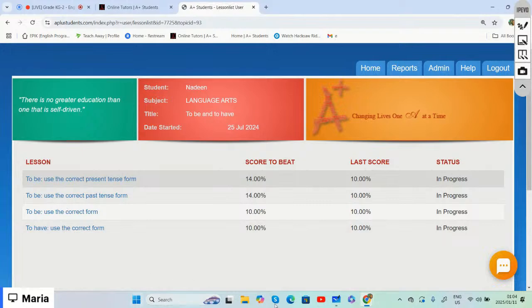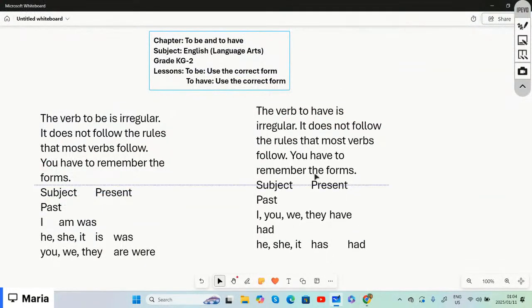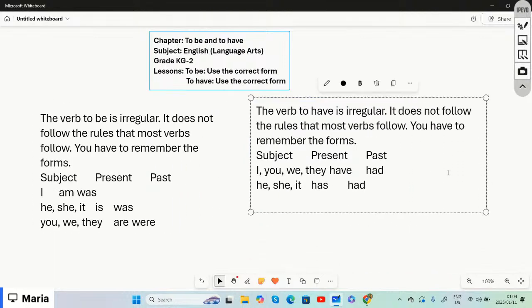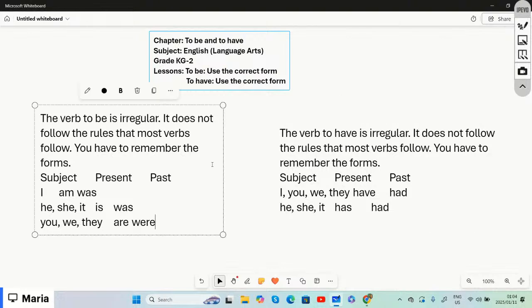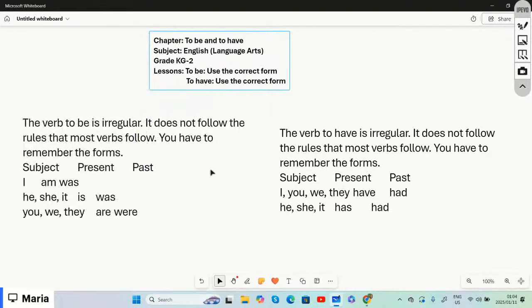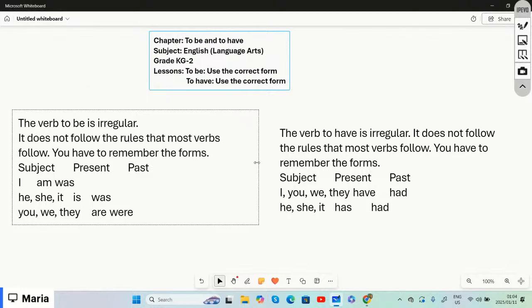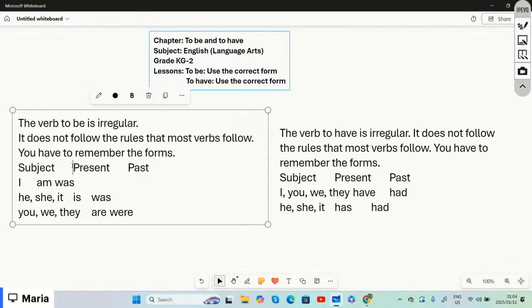All right, so our chapter is to be and to have. Our subject is English language arts. We're doing grade kindergarten to 2.